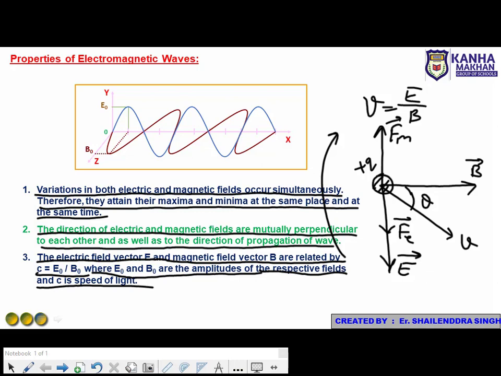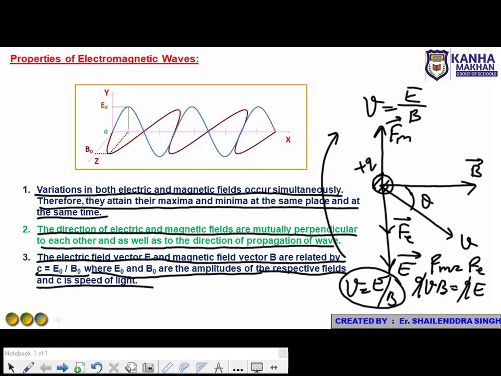At equilibrium, if Fm equals Fe, both forces are equal and opposite, so QvB equals Q into E. Charges cancel out, therefore velocity can be written as the ratio of electric field and magnetic field, E by B.